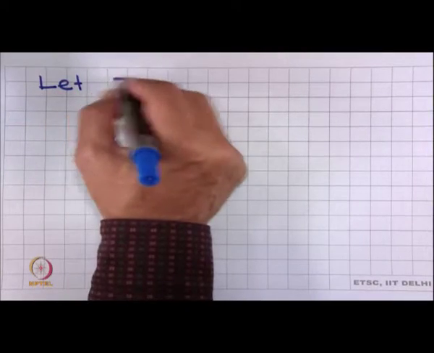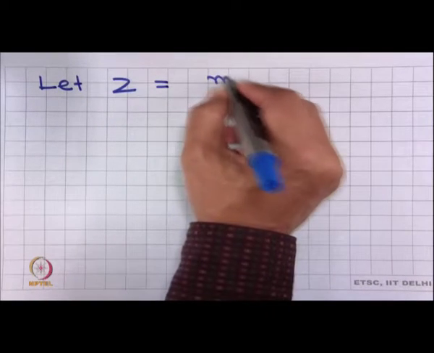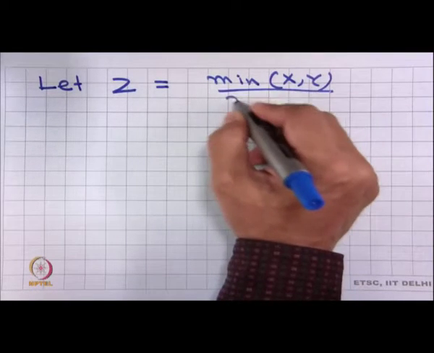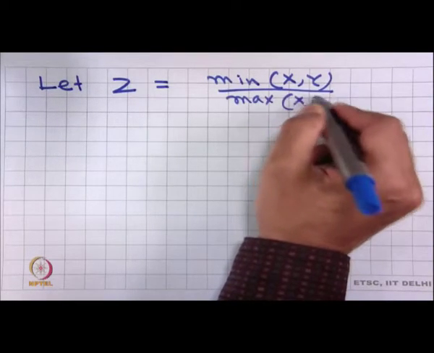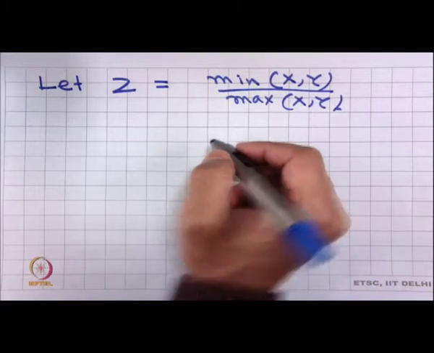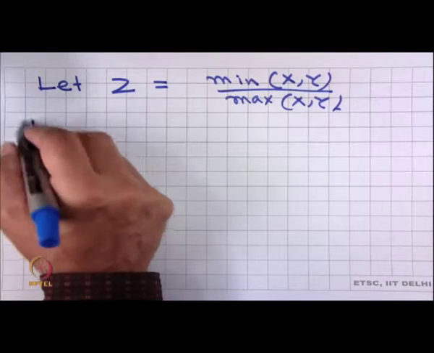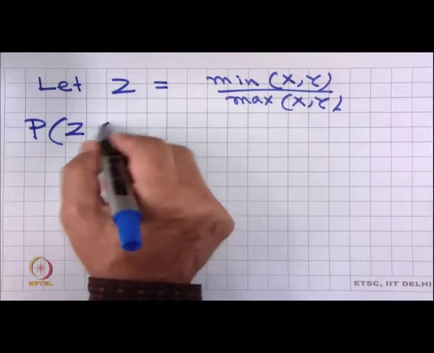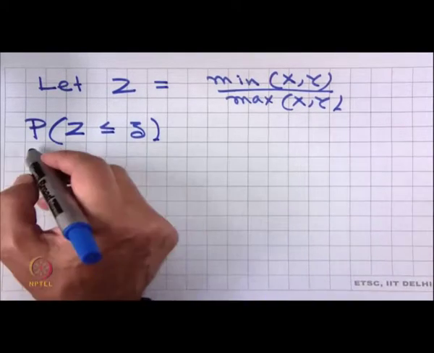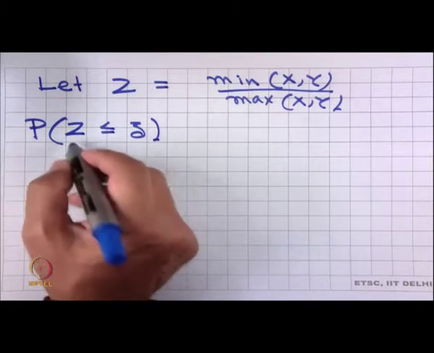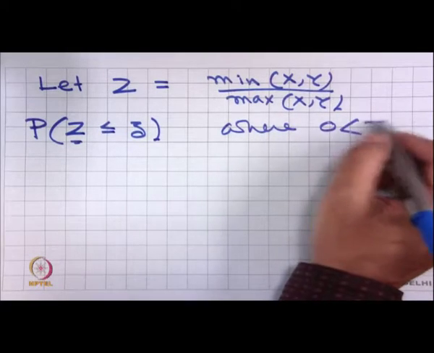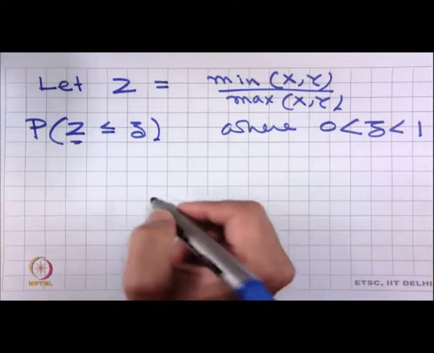Let z equal to minimum of x y upon maximum of x y. So, we are looking at probability z less than or equal to small z. That is, we are looking at the CDF of z, where 0 is less than z less than 1.